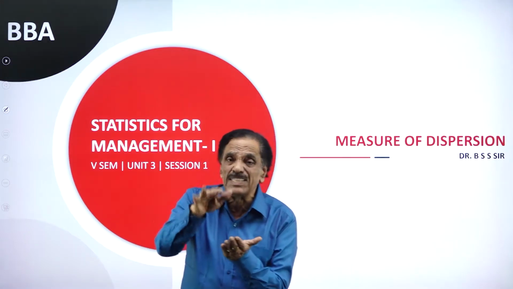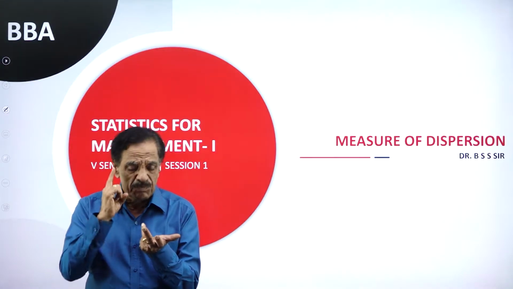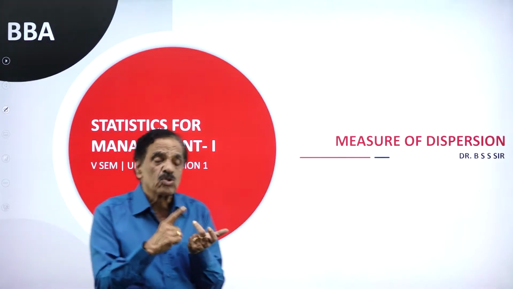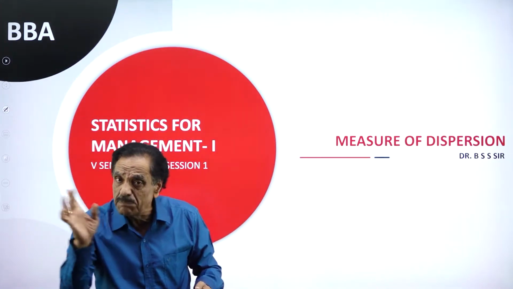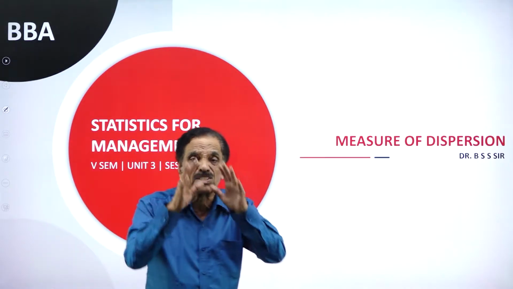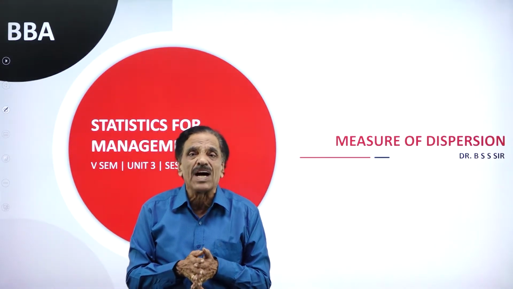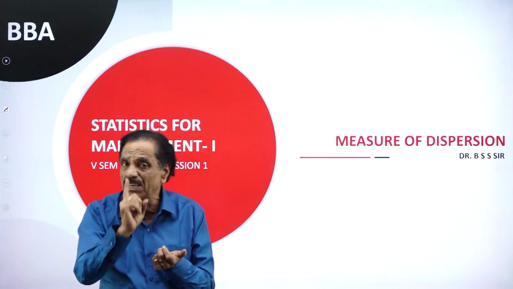Under this chapter, you are going to study quartile deviation, standard deviation, coefficient of variation, and skewness, under Bowley's method and Karl Pearson's method. So measure of dispersion is one of the biggest chapters you are going to have. What are the things we are going to study? Number one, quartile deviation.